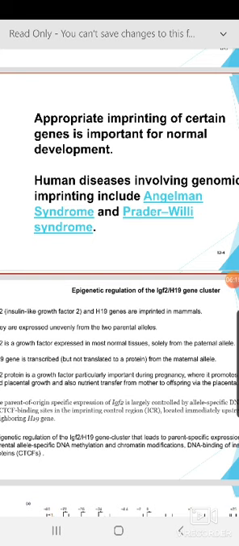Now today we will discuss this epigenetic phenomenon, that means this imprinting, and how two particular genes, the names of which are IGF2 and H19, which are located 80 kb apart, and how their regulation is taking place. So we are going to study the epigenetic regulation of the IGF2 and H19 gene cluster.